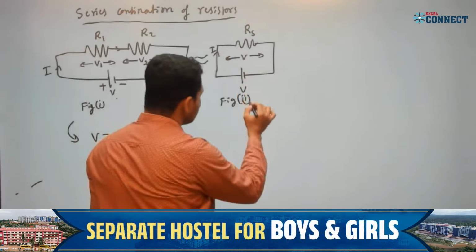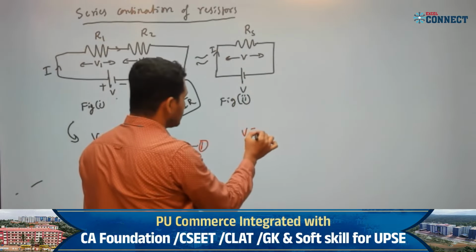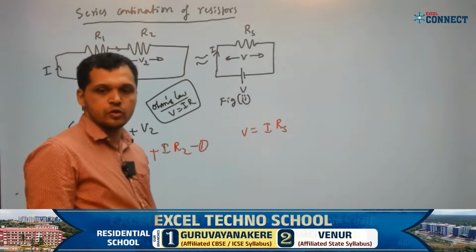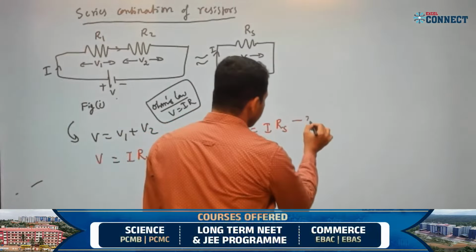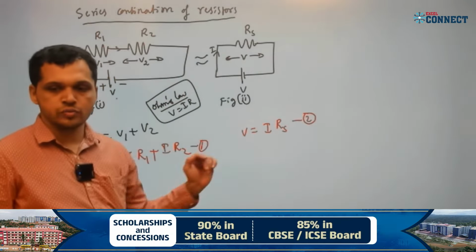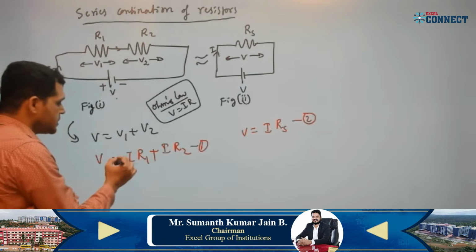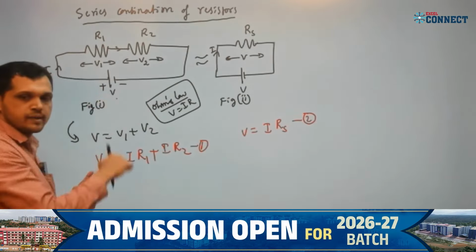Now apply Ohm's law for the second circuit. That is V is equal to I into Rs. Correct? I will take this as equation 2. Now compare equation 1 and equation 2. Left hand side is V, that is the same, so the right hand side must be the same, right?